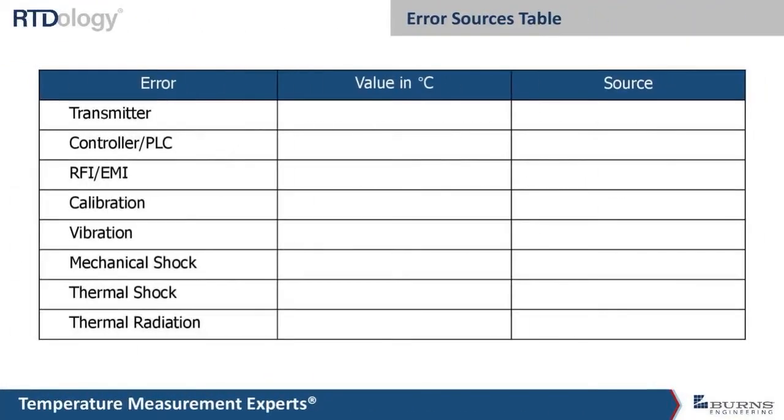There are sensor errors and installation errors included here. These last four are sometimes a little difficult to come up with because they are highly dependent on the installation, and sometimes it's just an educated guess as to what the contribution of these is.